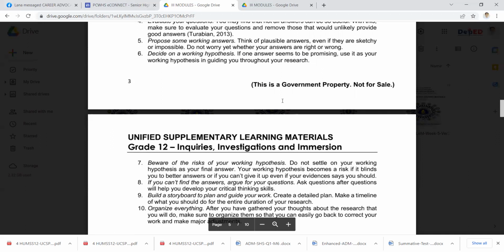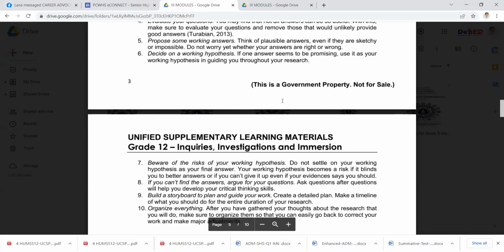Number 8, if you can find the answer, argue your question. A good question makes a good answer, but a wrong question does not, what? Does not.